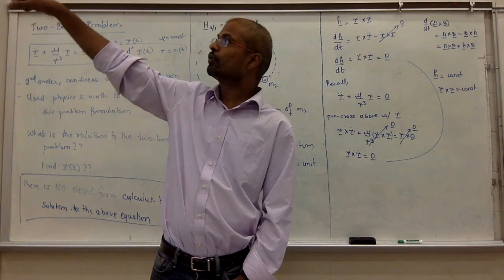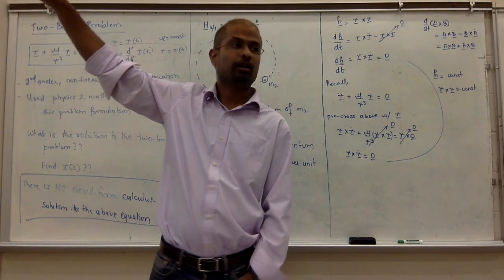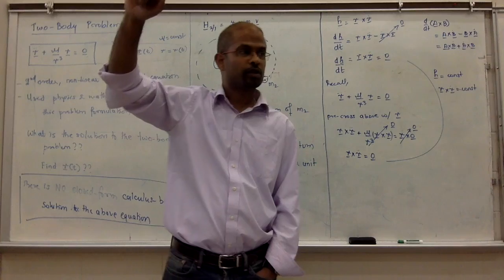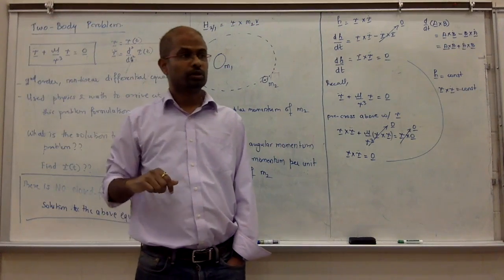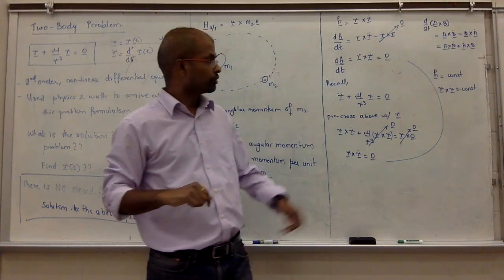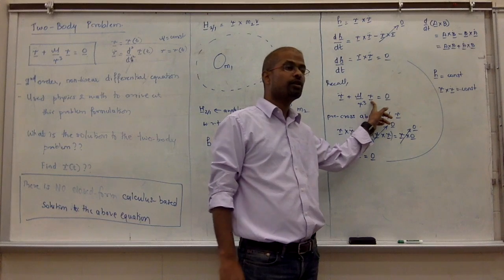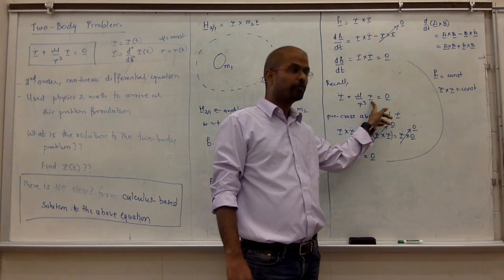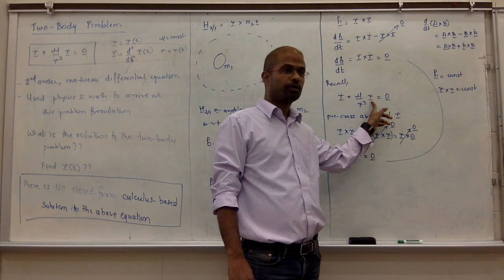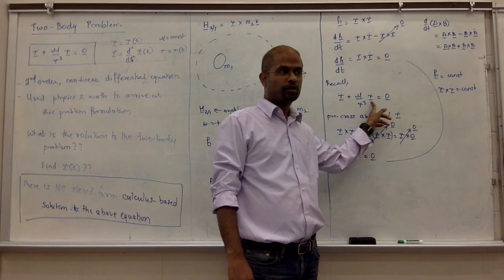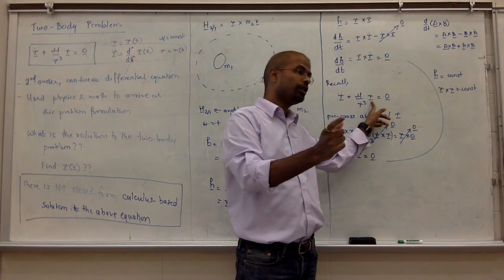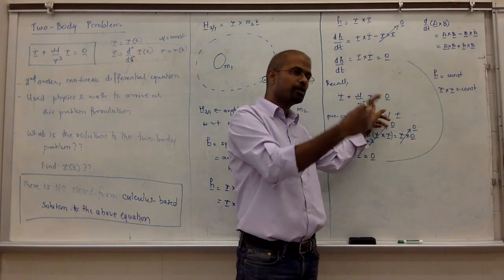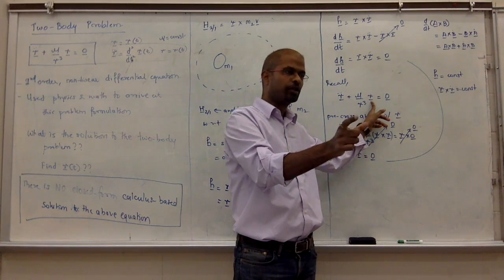So what you see there is that R, they use a boldfaced letter to denote a vector. Okay. So what is this R? You say relative position of the orbiting body with respect to the central body. So the magnitude of this is the distance.